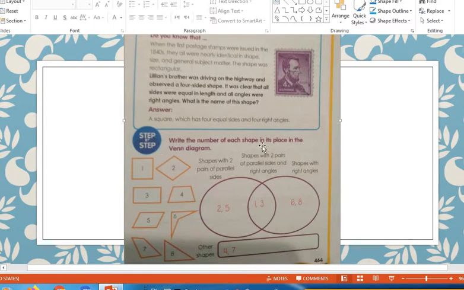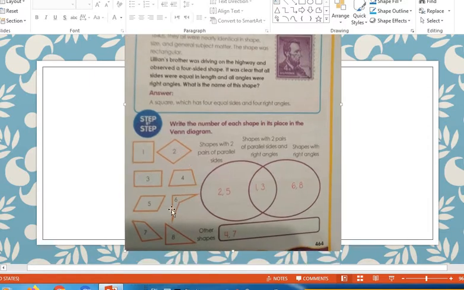Here I have step by step. Write the number of each shape in its place in the Venn diagram. Which shapes have two pairs of parallel sides? Number 2, each two pairs are parallel.